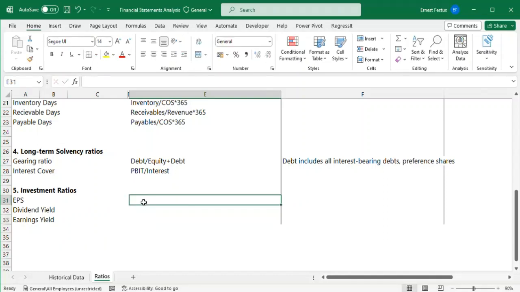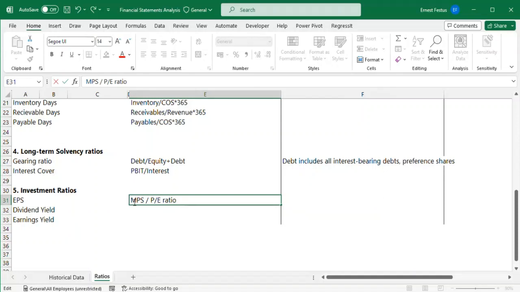So our EPS, or the earnings per share, is equal to our market price per share divided by our PE ratio. So this is how we calculate the PE ratio. Now this is a matter of change of subject.